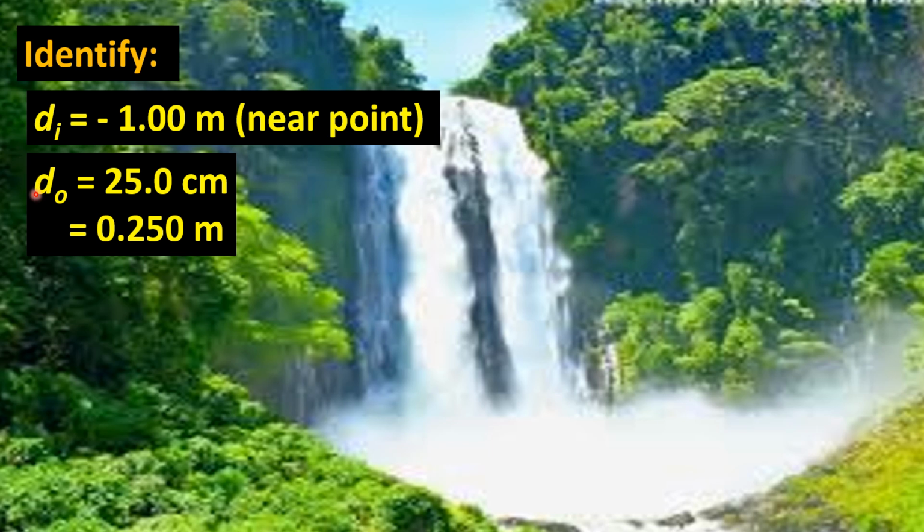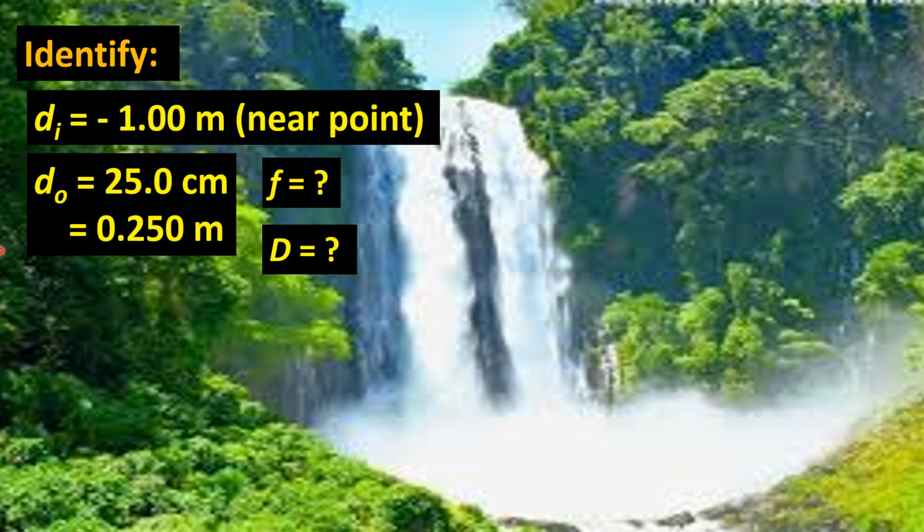And our target variables are the focal length of the lens as well as the power of the lens, denoted by capital D. All right.